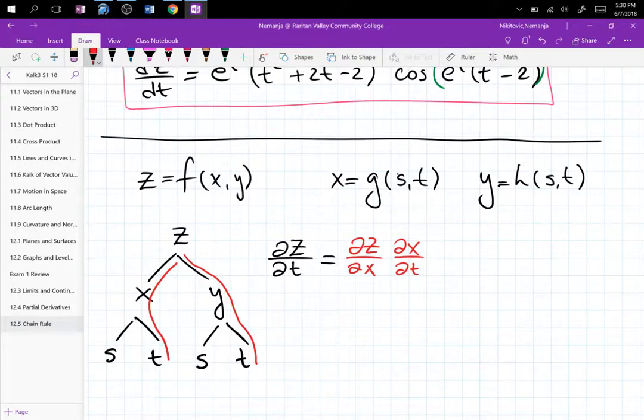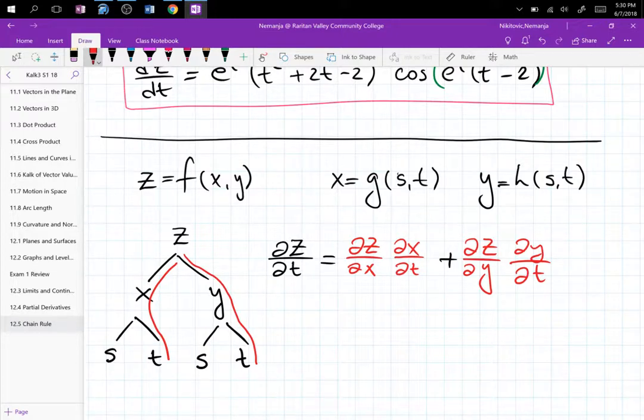So I have a branching and then branching again. So these are all partial derivatives. Plus, I have another red branch which takes me from z to t. So partial z, partial y, partial y, partial t. And we're done. That would be the formula for the derivative of z in respect to t.